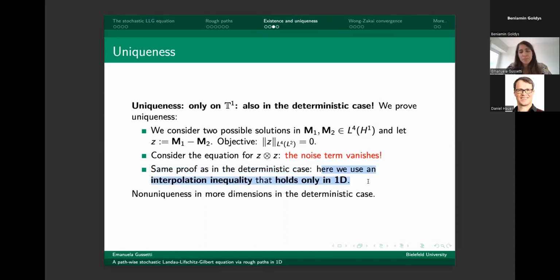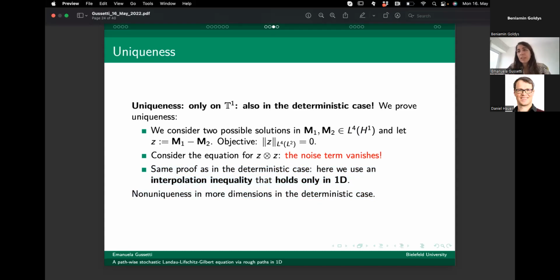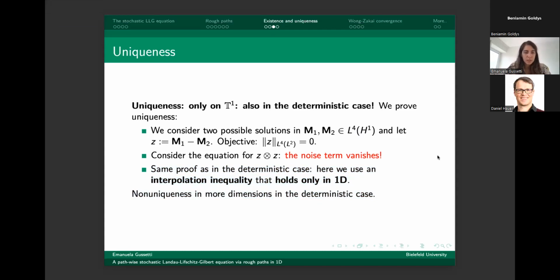The point is that here we have an interpolation inequality that holds only in one dimension. And somehow there is no uniqueness in one dimension in the deterministic case. Here we are not talking about maybe 2 and 3 dimensions, but one of the reasons why one cannot exploit the same proof in more dimensions is the interpolation inequality in 1 dimension. And this is what concerns the uniqueness proof. So we have uniqueness, or pathwise uniqueness, of strong solutions, provided we have this.